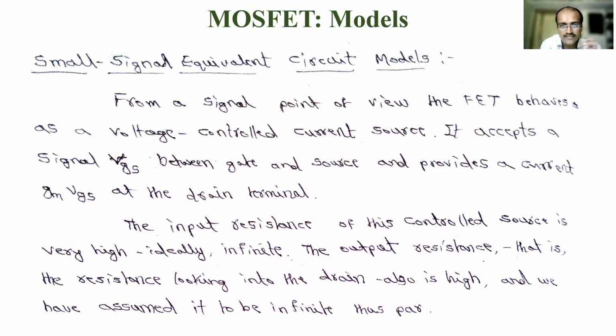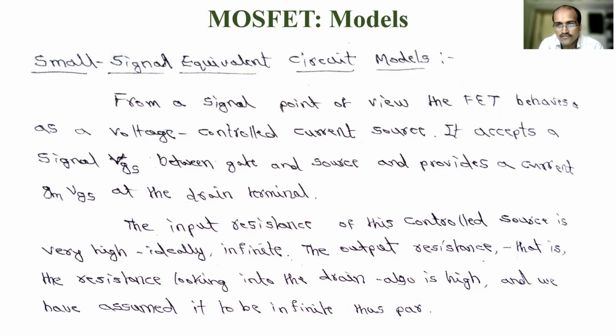As we have done for diode and BJT cases, if a diode is there, we replace it by a voltage source VK, and for a BJT we replace it by its equivalent circuit model, the hybrid pi model. The same way, for the MOSFET we require a model, and if we place that model, we can easily analyze it. That is the reason we will be studying small signal equivalent circuit models.